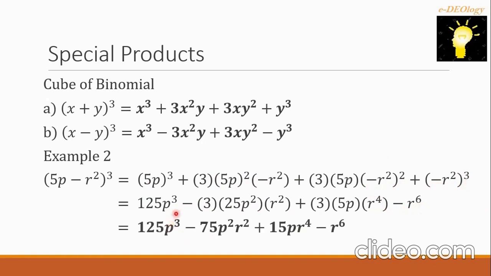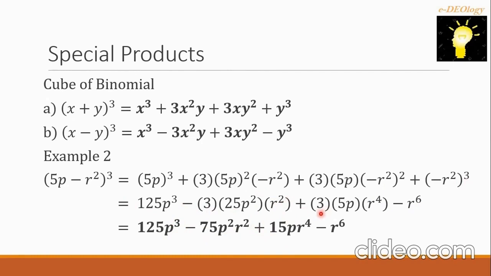So let us simplify further. The 125p cubed is copied down here. Then for the second term, the negative sign is there. I multiply 3 times 25p squared times r squared. It gives 75p squared r squared. For the third term, the positive sign is there.